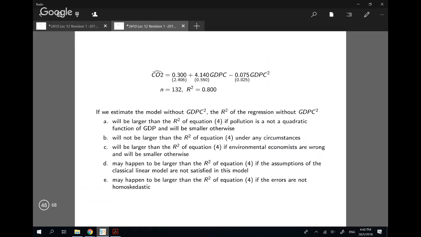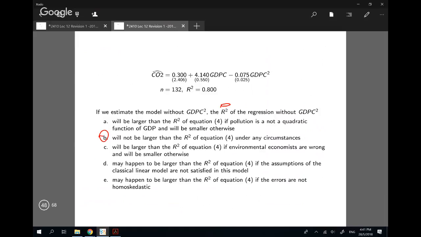Why is it B? What if you change it to adjusted R square? Do you get the same answer? No, right?